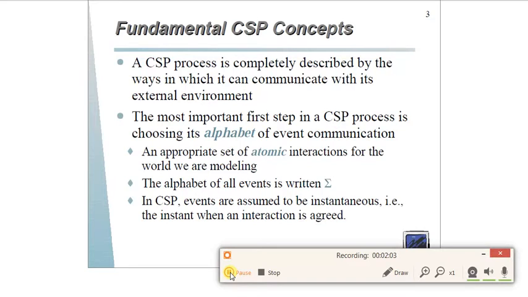An appropriate set of atomic interactions of the different levels of processes, we compose as a sigma. The alphabet of all events we see here is sigma. It is composed of all events taking place inside the object, which I took as a car example. Now, in CSP, events are assumed to be instantaneous. That is, when an interaction is agreed, it follows from there onwards.